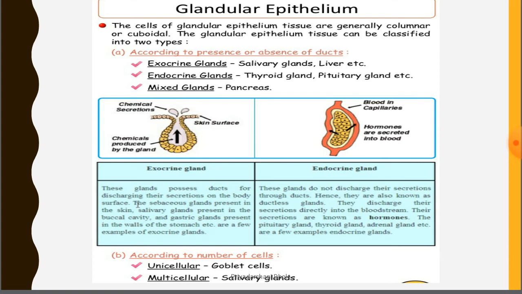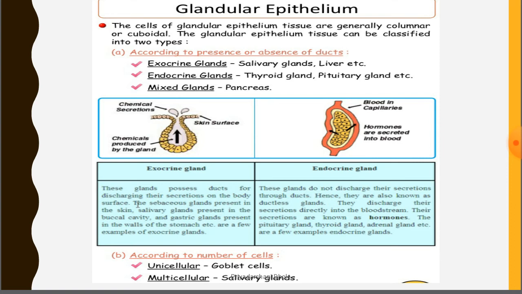Endocrine glands do not discharge their secretion through ducts, hence they are known as ductless glands, and they discharge their secretion directly into the bloodstream, and their secretions are known as hormones.